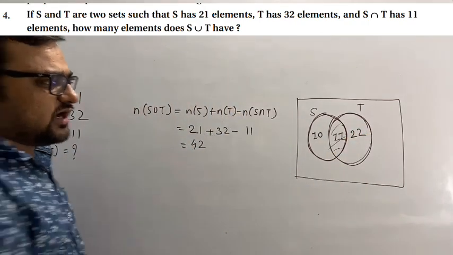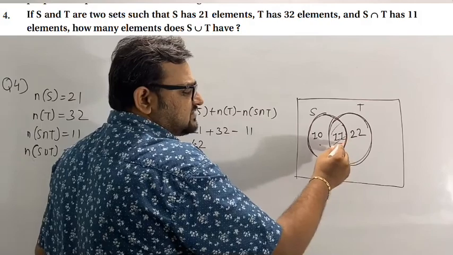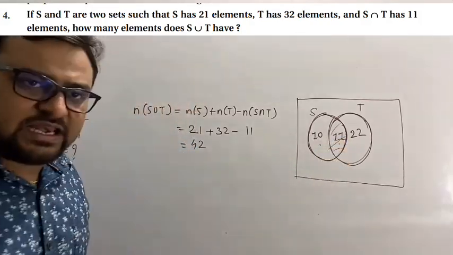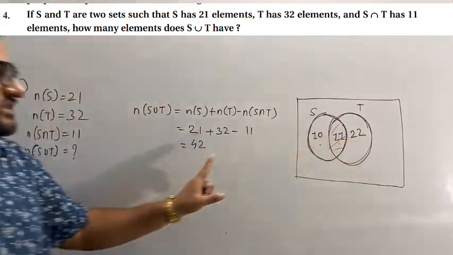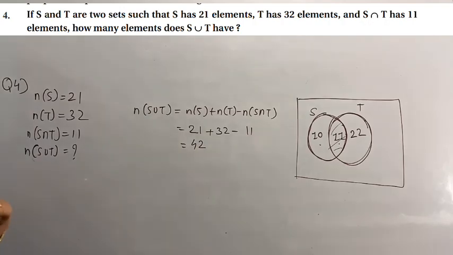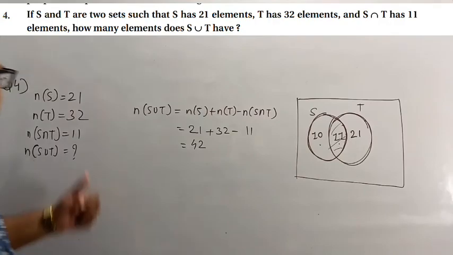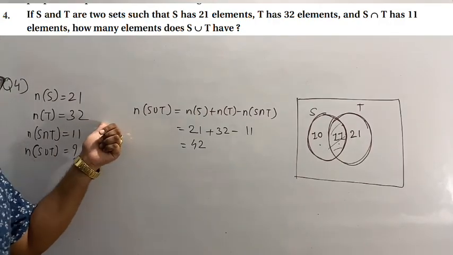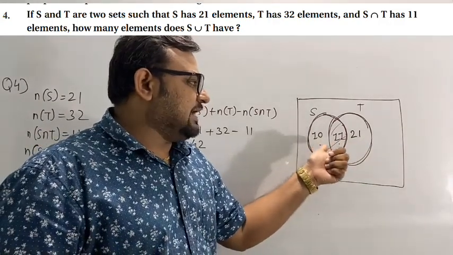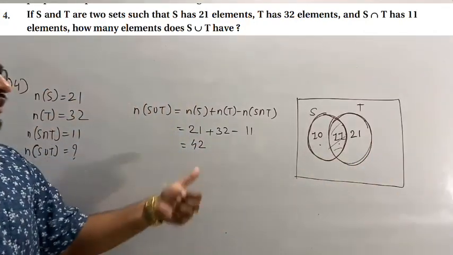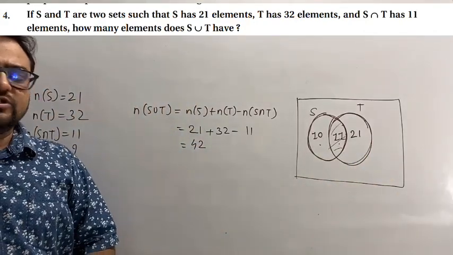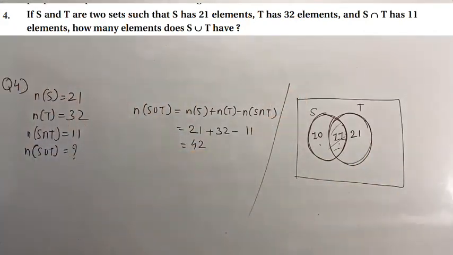Clear? So total 10 plus 11, that is 21, plus 22. Sorry, that is some mistake. Yes, it will be 21 because T has 32, not 33. So 11 plus 21. So total 10 plus 11 plus 21 is equal to 42. Clear? So you can use any of the methods.